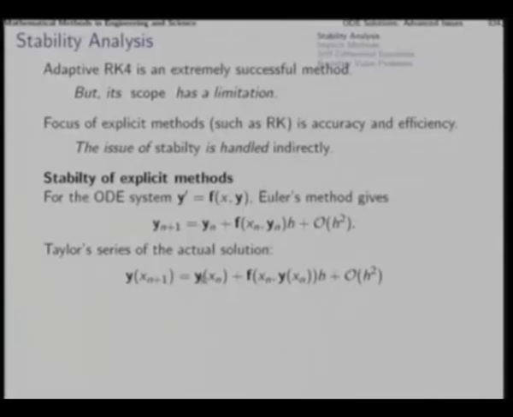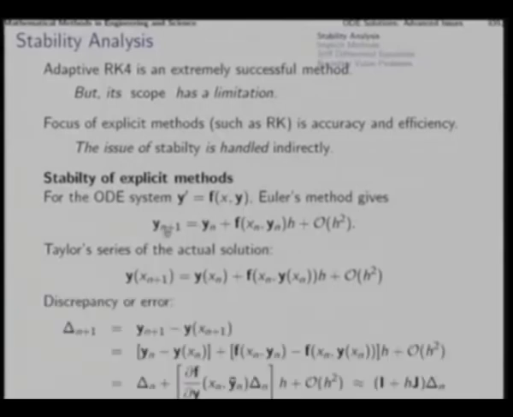Now, if we try to see the discrepancy between these 2 points, then this difference, that is the value obtained minus the true value, is the error or discrepancy at x equal to xn plus 1, right, and this is the difference yn minus y at xn, that is the value obtained from the method minus the true value, plus similarly this minus this.